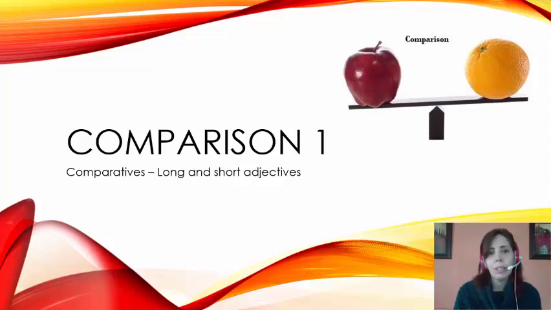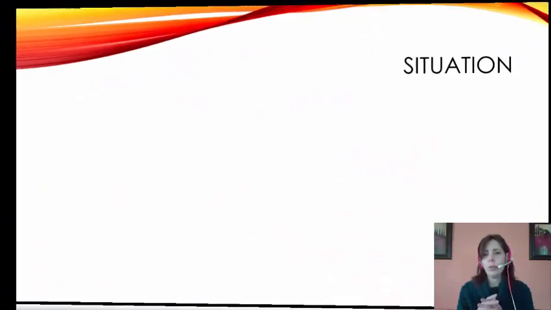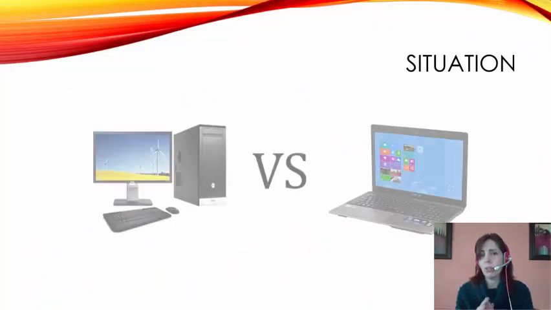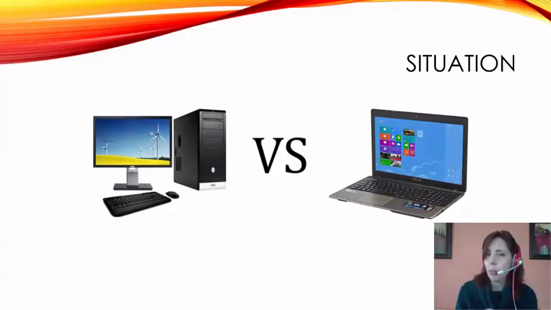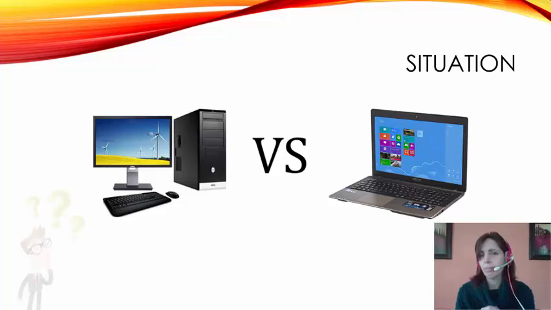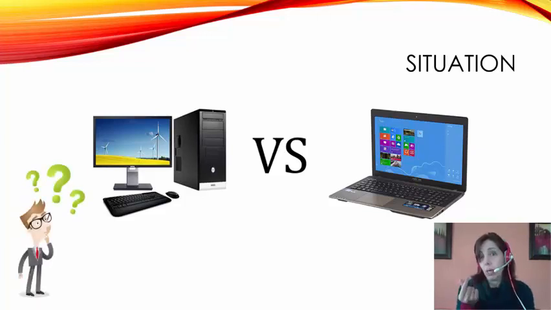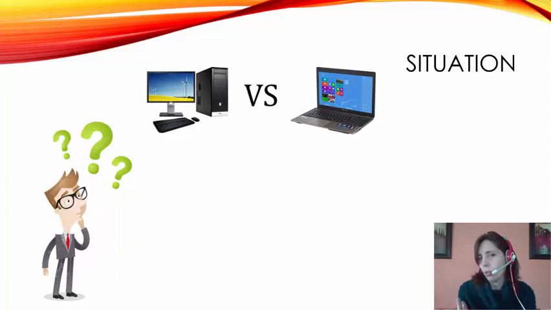Welcome again. Let's see how we compare two things or three in English. Yes? So here we go. Let's suppose, just an imaginary situation, you need to buy a new computer. What are you going to take into account? The price? Yes, of course.